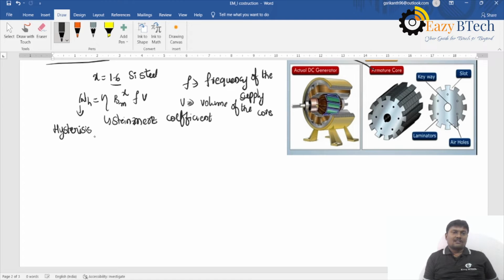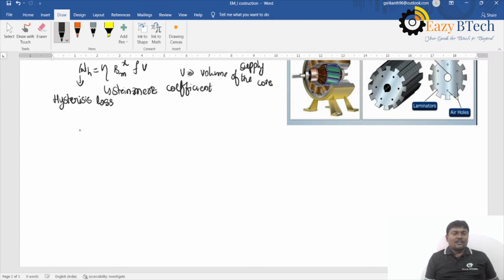So what is meant by hysteresis loss? The power required to change the orientation of the molecules is called hysteresis loss.